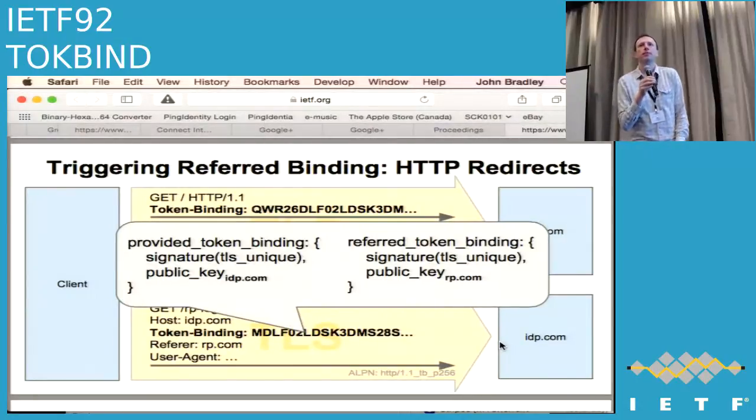Question? Yeah, Martin Thompson. I've been thinking about this one for a while. The site providing the redirect to the IDP in this case can sling any information that it wants across that redirect, aside from this one thing that you have here.